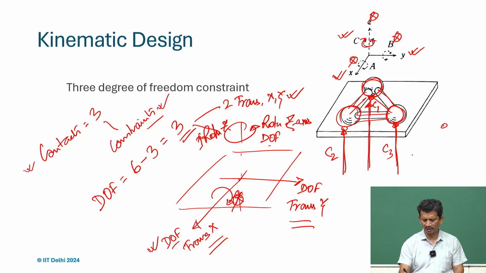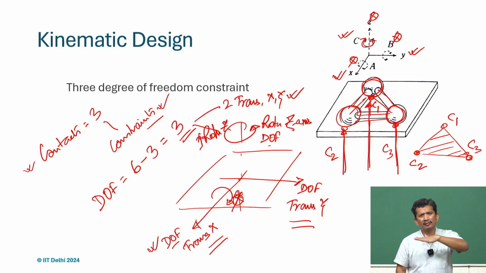If we just take those 3 contacts, C 1, C 2 and C 3, we can always define a unique plane, and along that plane it will always be stable.